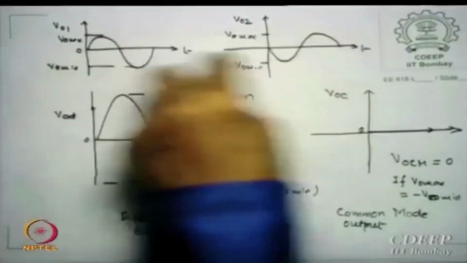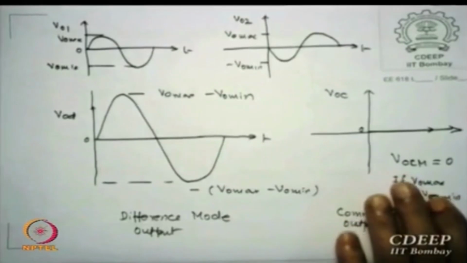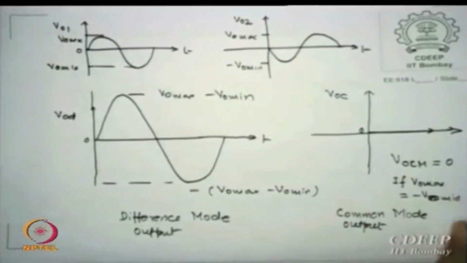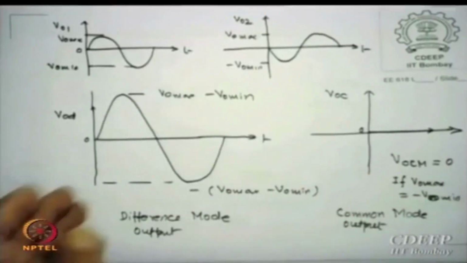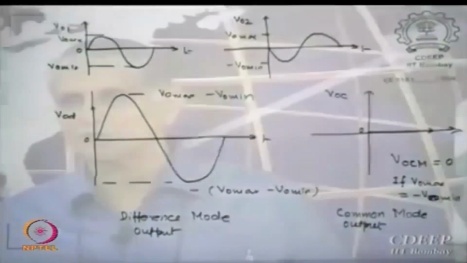This and this and this are the same, so the common mode is still the average value, which is still 0. So please remember that by making it differential I am still able to get VCM 0, which I wish, or I can set any other value, but the differential output VO1 minus VO2 is double that of the single ended one. So one feature of the fully differential is you can get twice the output swings.